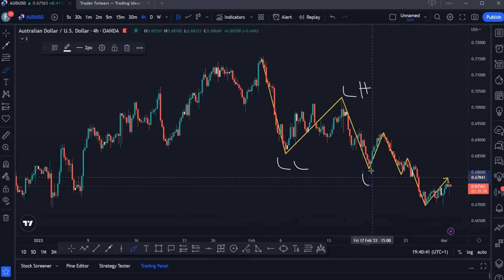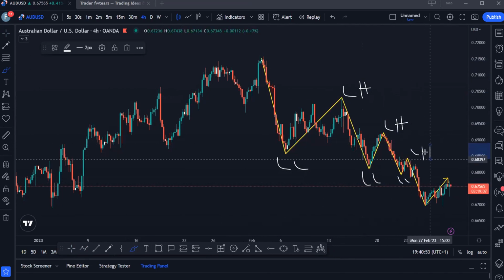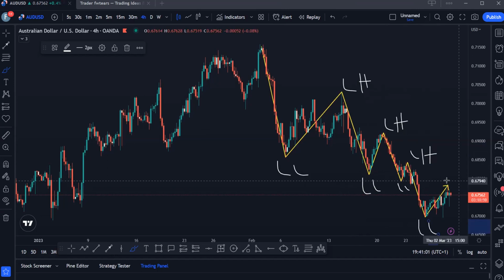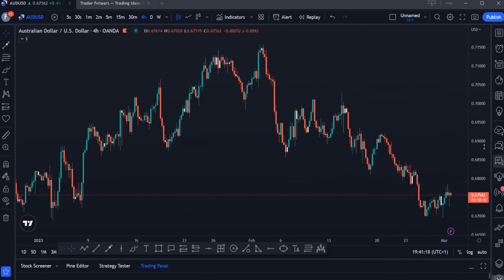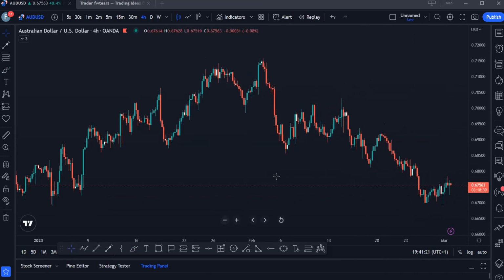Okay, lower low, lower highs. All right, lower low here, lower high here. All right, so price is giving us new lower lows. Okay, and then right now price is retracing, is correcting to form a lower high. All right, so in a downtrend like so, we only want to be looking for sell opportunities.